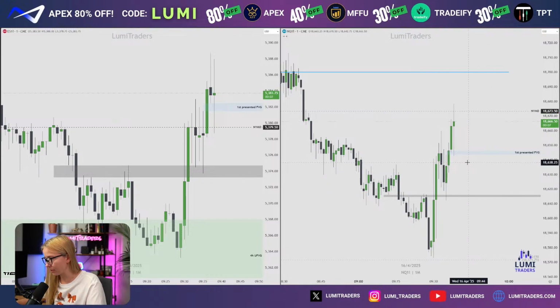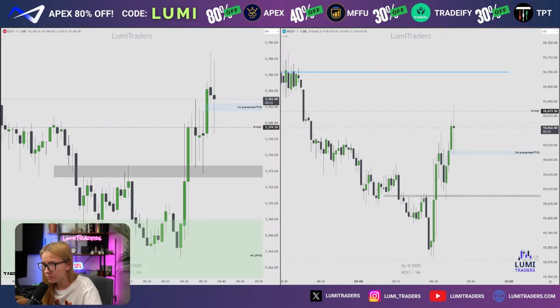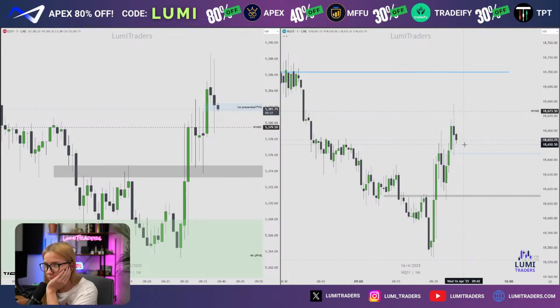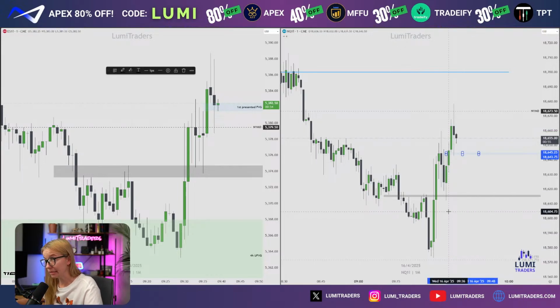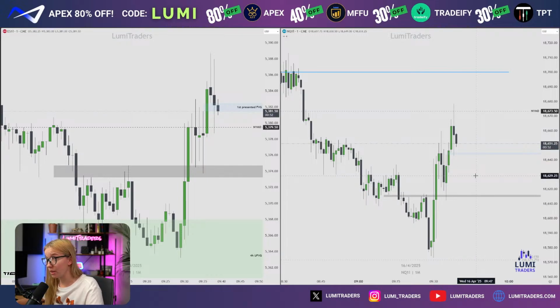We don't have any other fair value gaps yet. Oh, that's even smaller than I highlighted. My fault. Not a perfect fair value gap, like a 676 fair value gap. Hate it.